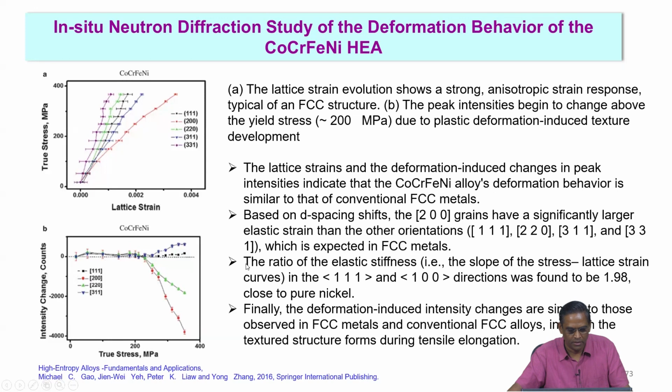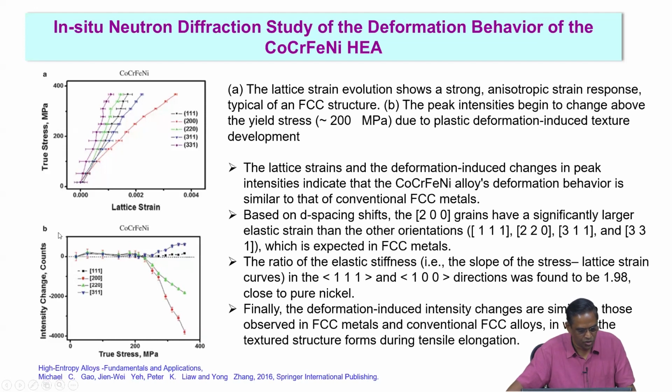Another point is the ratio of the elastic stiffness, that is the slope of the stress and lattice strain curves in the 111 and 100 directions, which was found to be 1.98, close to pure nickel. So, this plot is again quite interesting.